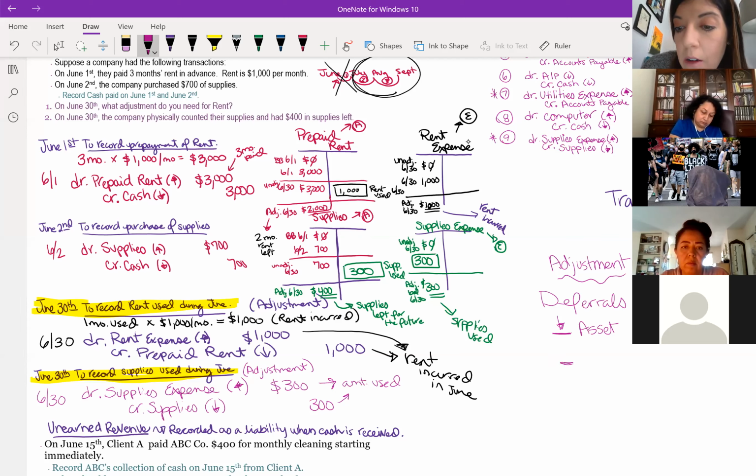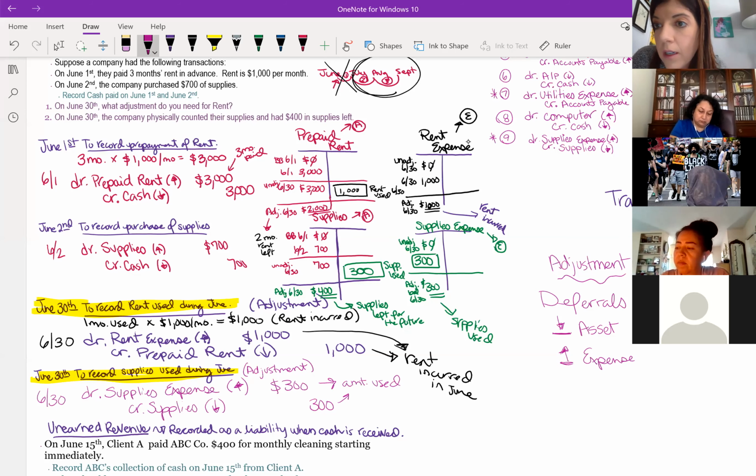And the expense account increases. Rent expense increased, supplies expense increased. It's a little cheat sheet for you, if you will, to check yourself when you're recording these adjusting entries. Every adjusting entry that's a deferral that involves an asset, the asset account will decrease. Every single expense account that's adjusted for a deferral will increase.